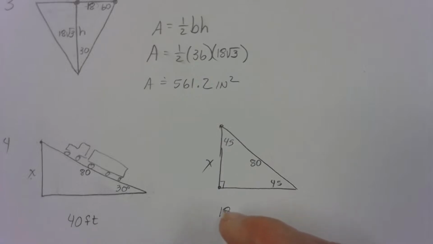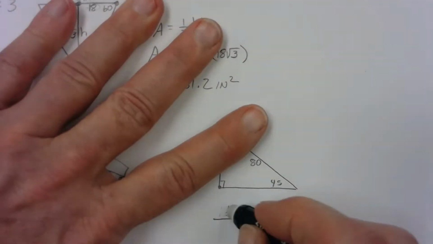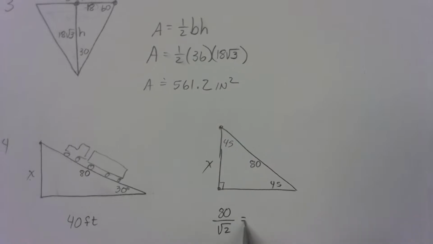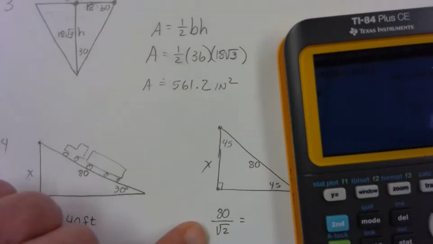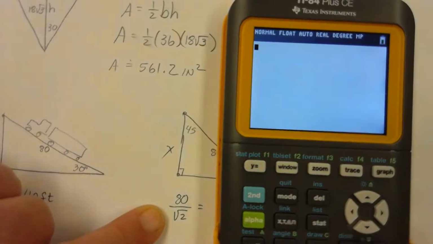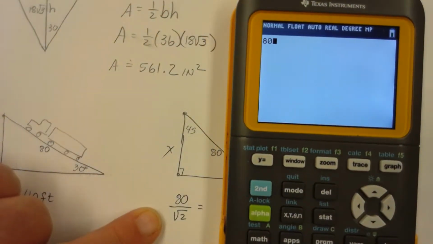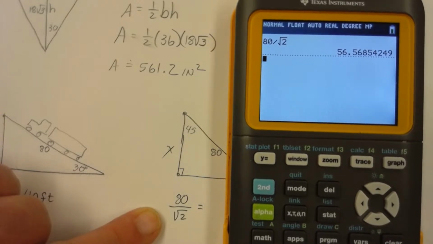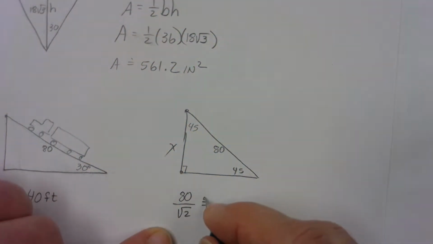I divide 80, the hypotenuse, divided by the square root of 2. And because this problem has context to it, I don't want to rationalize that denominator or answer it with a radical in it. I want to figure out what it is. So I go 80 divided by the square root of 2, like that. And I get 56.57 or 56.6, approximately equal to 56.6 feet.